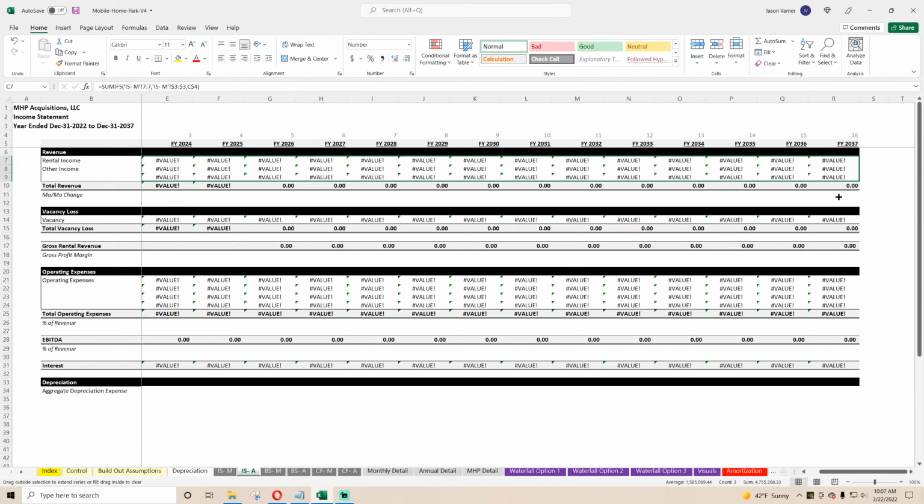Let's just say it's 60%. This will be a percentage of total exit proceeds applied to property. So we have further granulation.